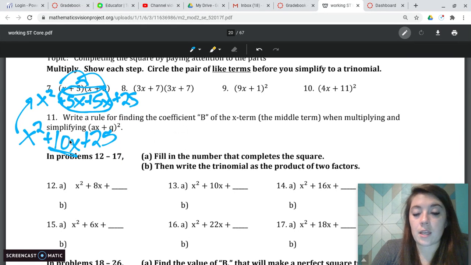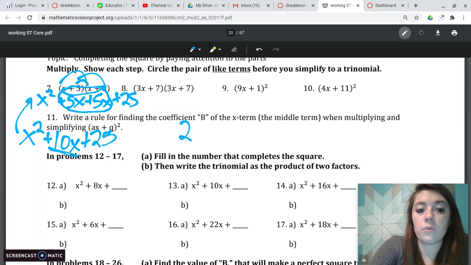Well, if we look at this, we'll actually talk through this right now. We had 5x plus 5x, which got us 10x. So we're using the q value, and we're doing what to it? We're going from 5 to 10. We doubled it.